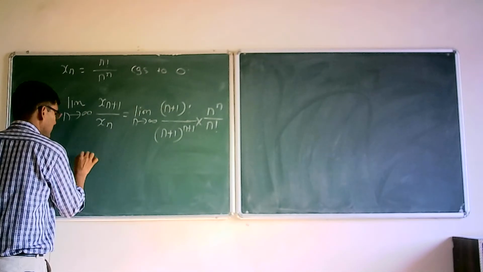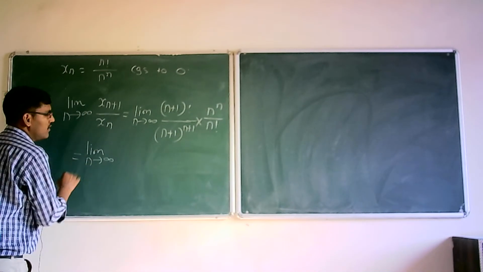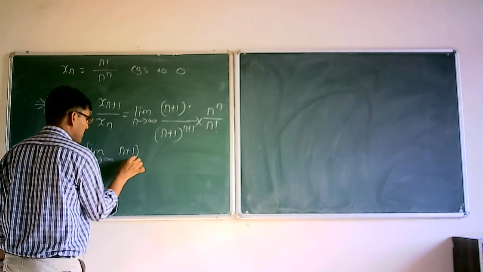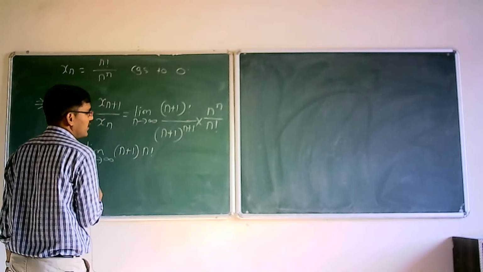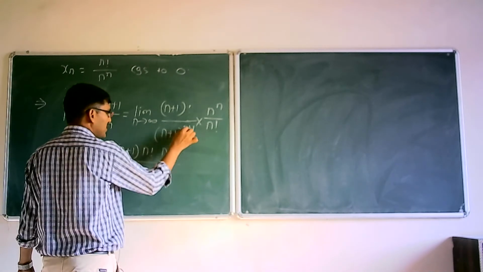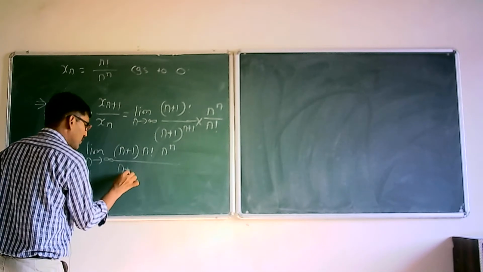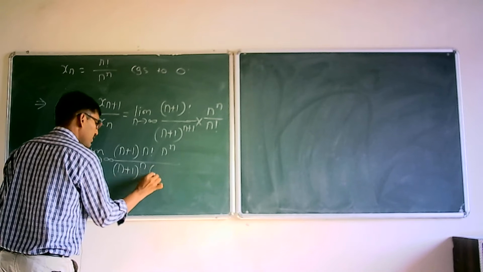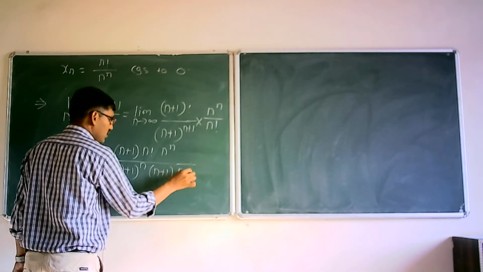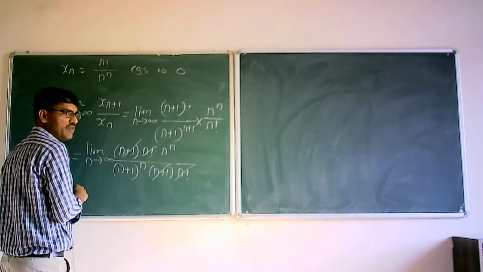If you simplify this, (n+1) factorial can be written as (n+1) into n factorial into n^n, divided by (n+1)^{n+1} written as (n+1)^n into (n+1) into n factorial. So here n factorial will get cancelled, and n+1 will get cancelled.